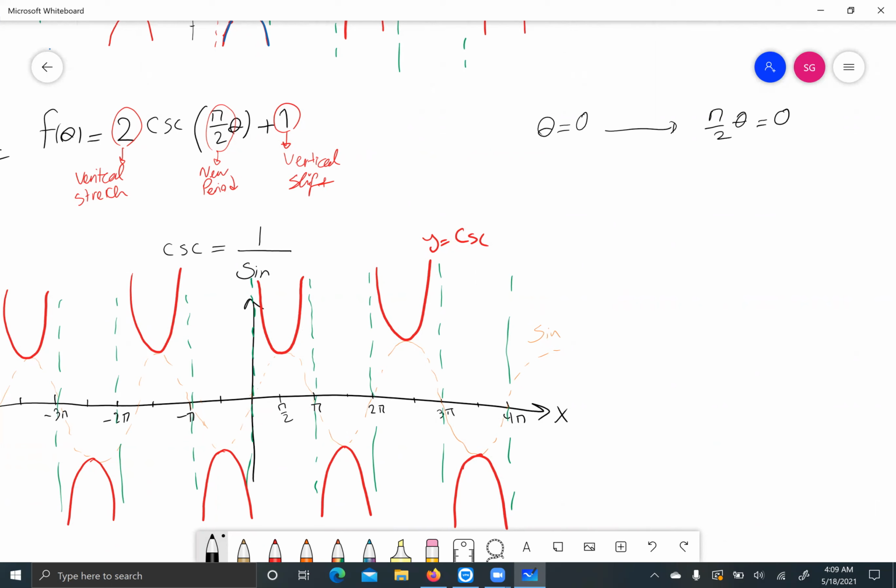But at pi, you multiply pi by pi over 2.